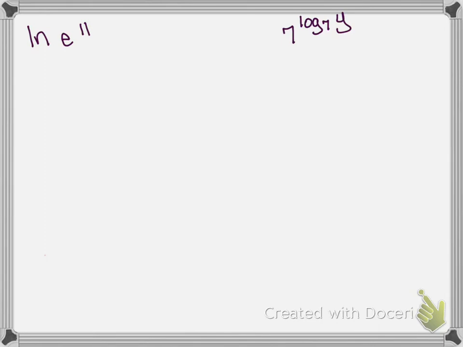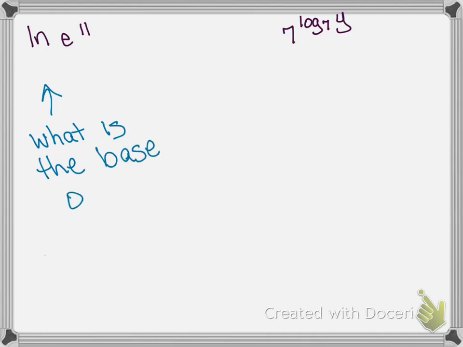Okay, what I have right here is the natural log of e, and e is raised to the 11th power. One of the things that I want you to remember about this is, what is the base when we are using a natural log? Okay? Any idea?